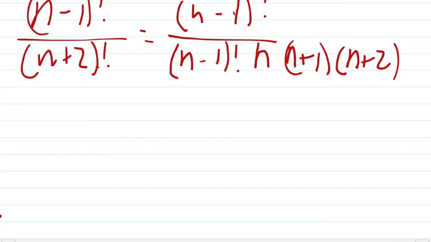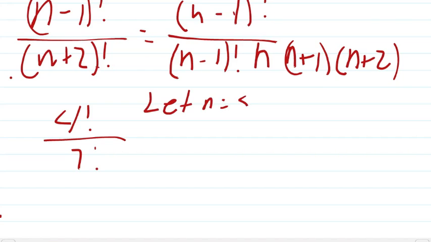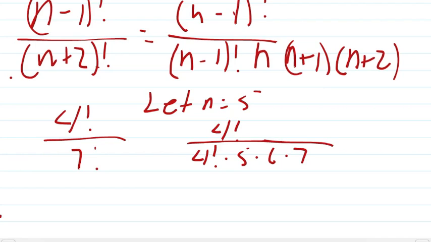Let's think about it in terms of numbers. Let's let n equal 5. Okay? So n minus 1, that's going to be 4 factorial, right? N plus 2 is 7 factorial. And we're going to let n equal 5. So this thing on top is just 4 factorial. The thing on bottom is 4 factorial times 5, times 6, times 7.